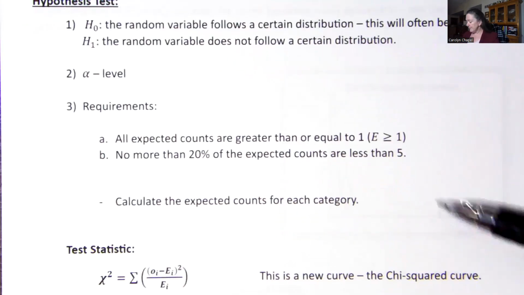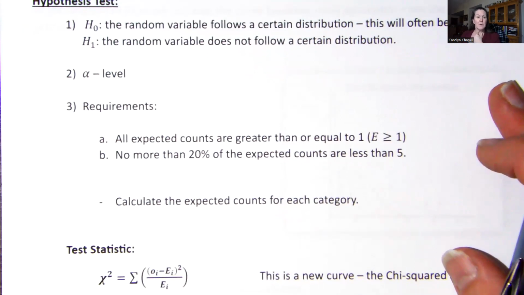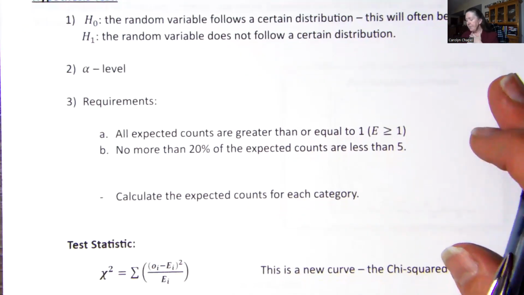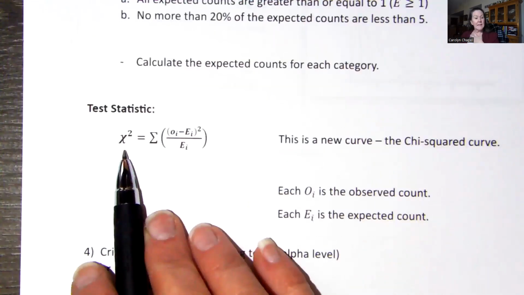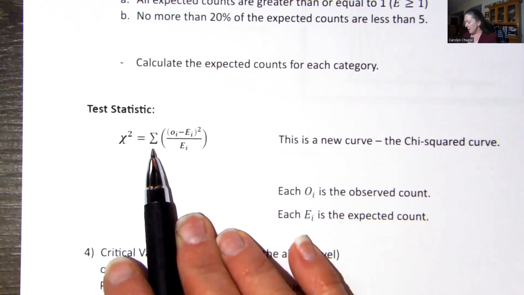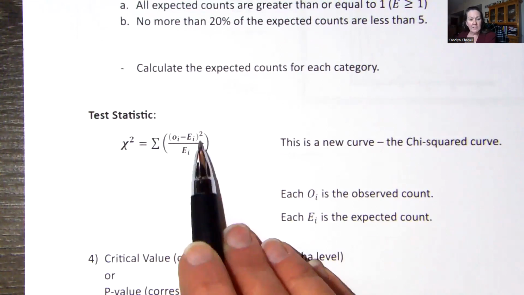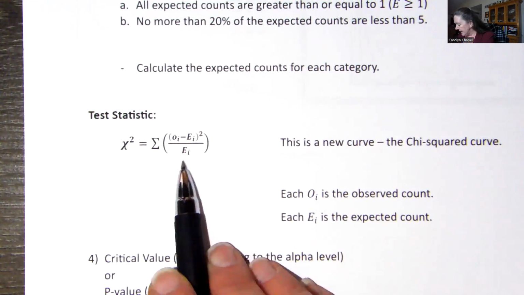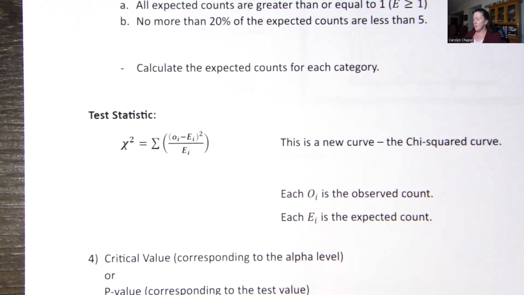Another thing we will have to do is calculate all those expected counts for each of those categories. And again, when we get into those examples, we will see some of those things happen. Our test statistic, you will notice, is a chi-squared, which is equal to the sum of OI minus EI, squared, divided by EI. This OI is going to be your observed count for each of those categories.